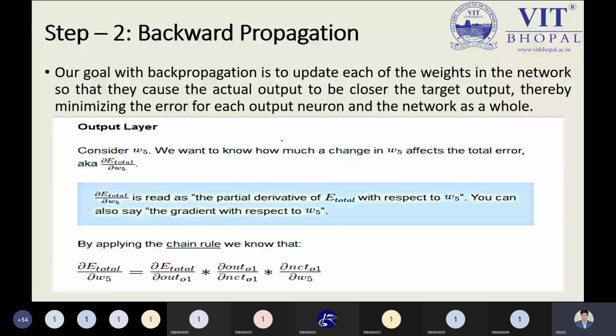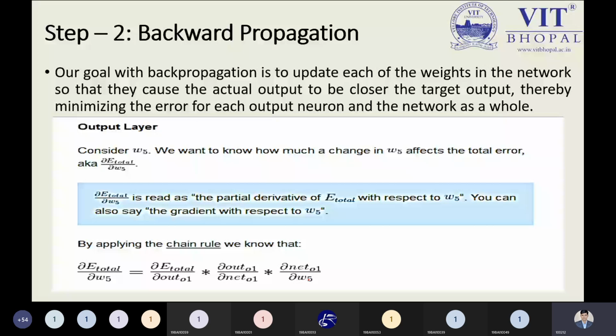By applying the chain rule, the partial derivative of E total with respect to W5 can be written like this: the partial derivative of E total with respect to out O1, multiplied by the partial derivative of out O1 with respect to net O1, and the partial derivative of net O1 with respect to W5.